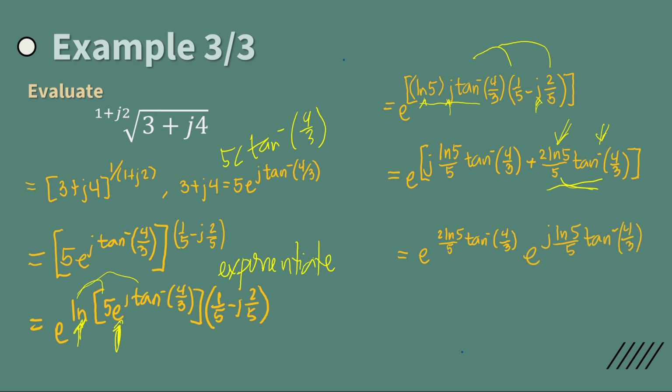If you add two exponents, basically you can separate them by multiplying. The sum of the two terms in the power of e can be expressed by multiplying them separately.